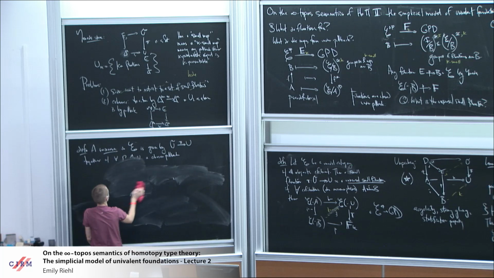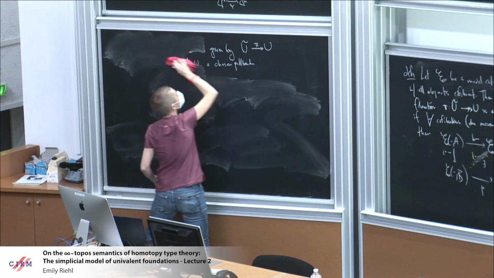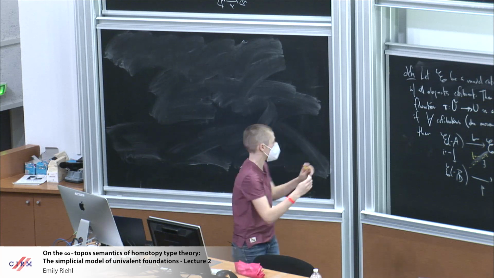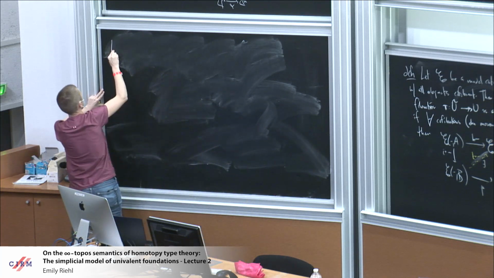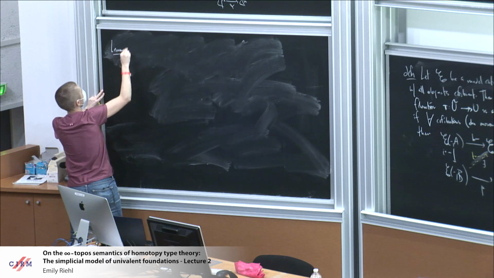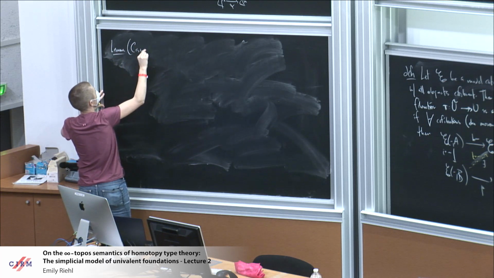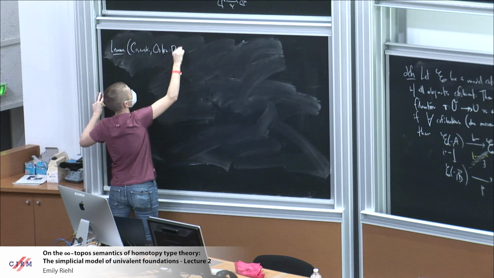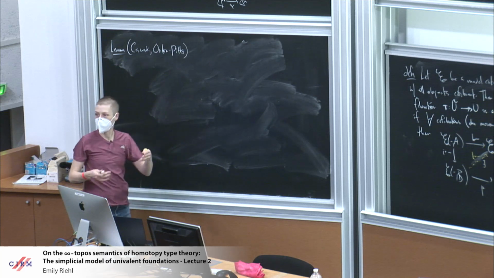A lot of people attribute this lemma in this form originally to Szynski, but there's also a nice exposition of it in a paper of Orton and Pitts. More precise citations for everything are in the lecture notes.